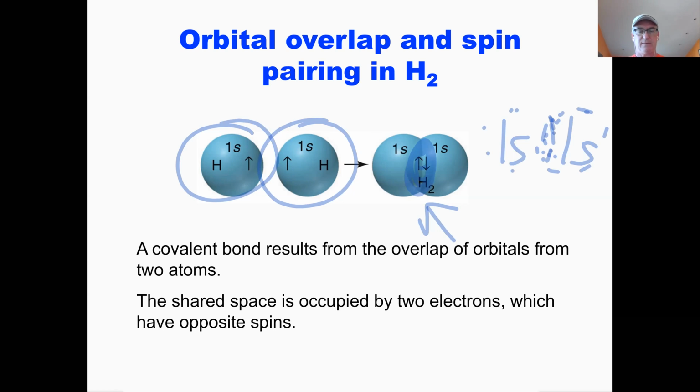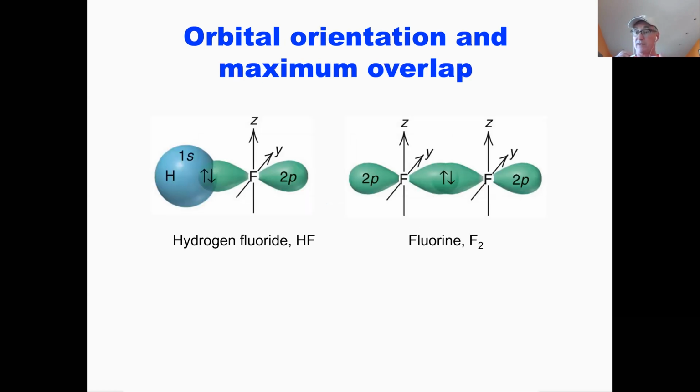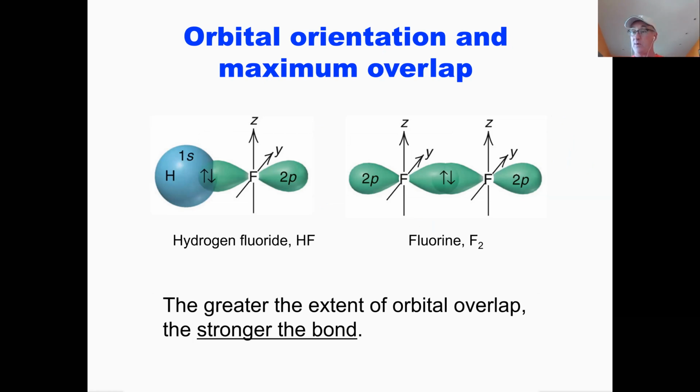It gets a little more complicated when we have different orbitals overlapping each other. So here we have hydrogen fluoride. So our hydrogen, good old hydrogen, still has its 1s pointing up. But if you remember, fluorine has its bonding electrons in p orbitals.